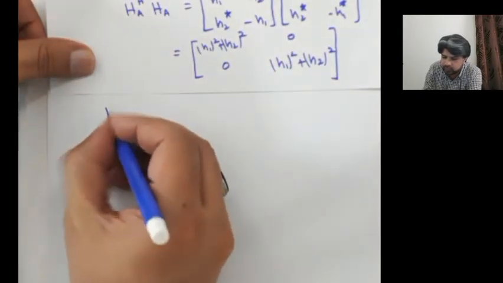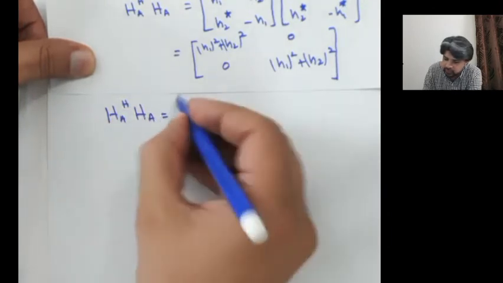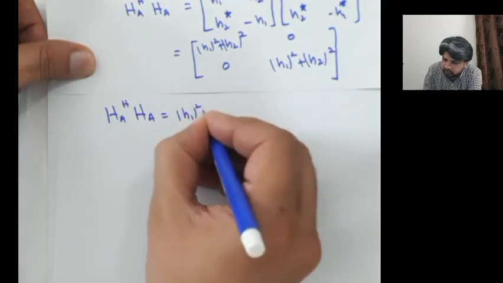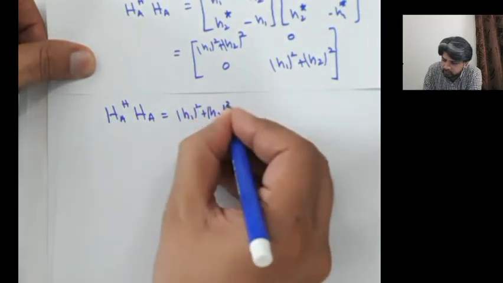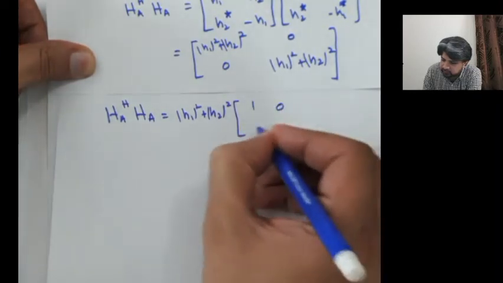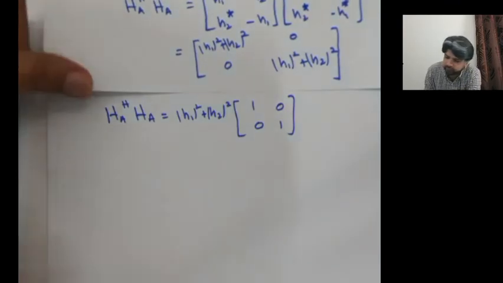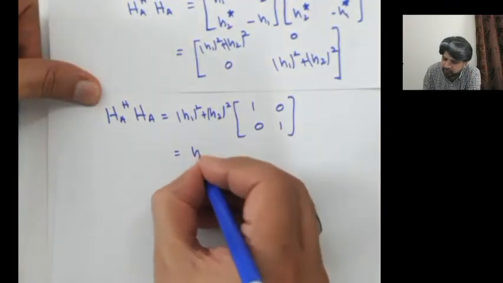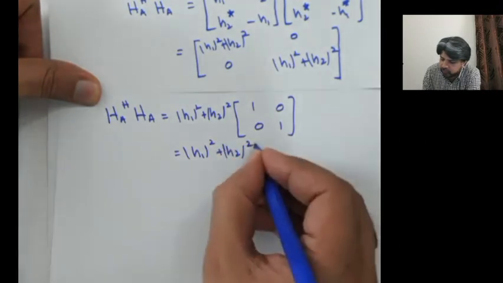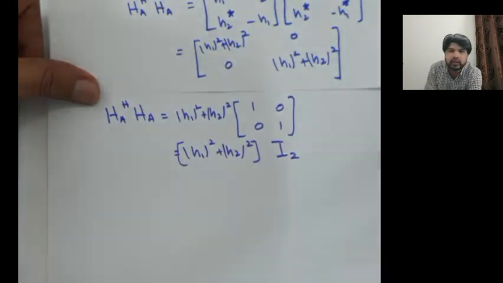So this means your HA Hermitian times HA is nothing but H1 mod squared plus H2 mod squared times an identity matrix, right? Simply you can write H1 mod squared plus H2 mod squared times I2, where I2 is a 2 cross 2 identity matrix.